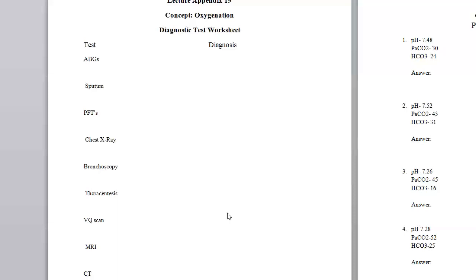Your CT scans and your MRIs will provide more information about the structures within the thoracic cavity. We use chest X-rays a lot. Most patients who come into the hospital will have a chest X-ray done, and a lot of times we look at previous chest X-rays to do a lot of comparison. Has that changed drastically? Have the organs changed? For instance, the cardiac silhouette we can see on a chest X-ray.